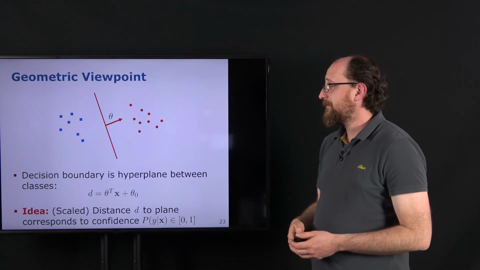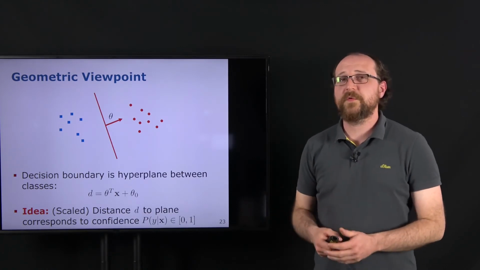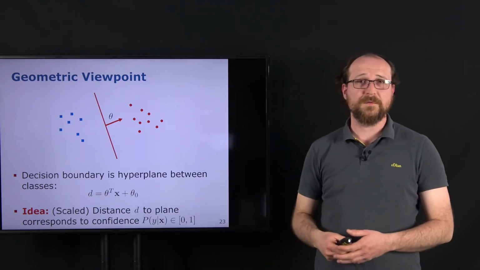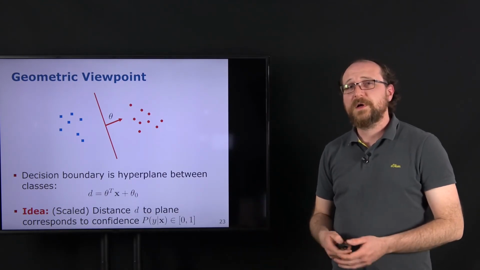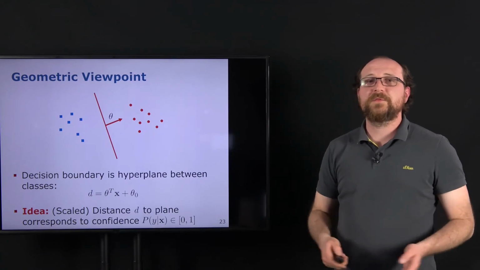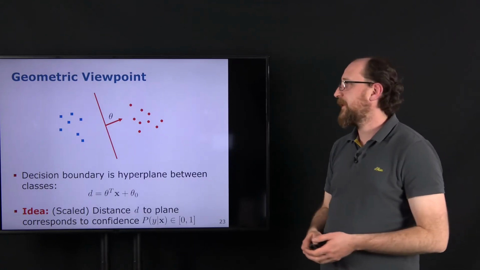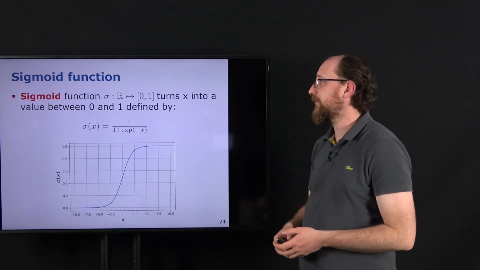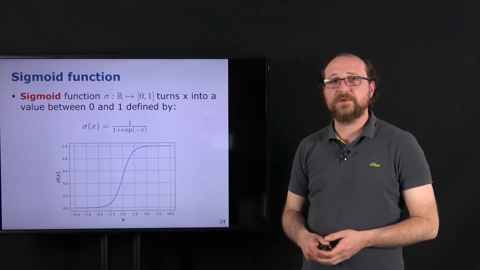So the question is now, how do we convert these continuous values, which can range from -infinity to infinity, into something that goes only from 0 to 1. There's something specific that we can use here, the so-called sigmoid function, which allows exactly this.